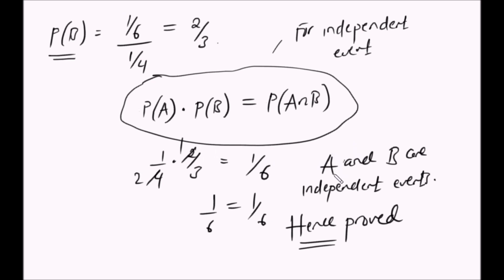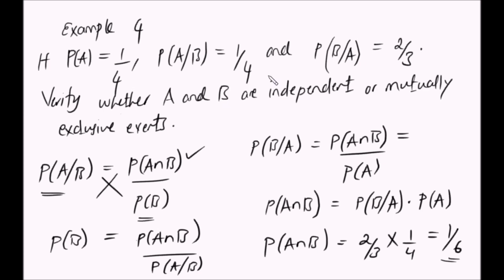One more thing to prove kwamba A and B are independent events ni hiki. You can see hapa tumetafuta probability of B, tumepata 2 over 3. Alafu kule kwenye swali pia tulikuwa tumepewa kwamba probability of B given A ni 2 over 3. So you can remember pale mwanzo kipindi tuna define tulisema kwamba for independent events the probability of B given A ni sawa na probability of B ambayo tumeona kwetu ni 2 over 3.